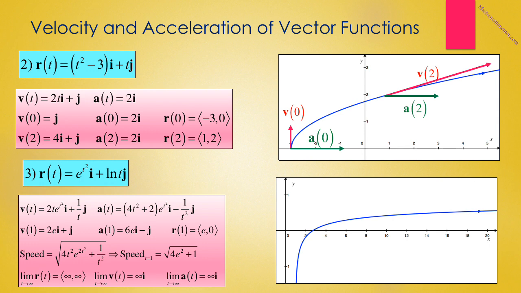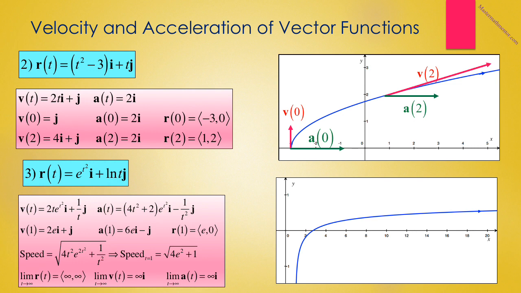Finally, the limit of r of t as t approaches infinity is (infinity, infinity), which means that as t approaches infinity, the further to the right our particle will be and the further up our particle will be.